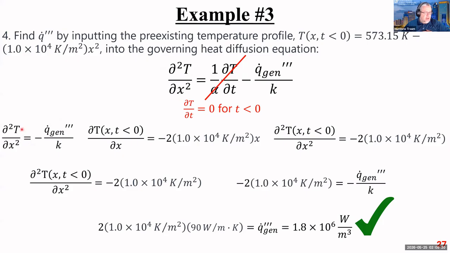So I've got the second derivative of T with respect to x is equal to just minus q triple prime over k. And I'm just going to start taking derivatives. I know the equation of that temperature profile. Here it is. So the first derivative with respect to x is just minus 2 times 1 times 10 to the positive 4 Kelvin divided by meter squared times x.